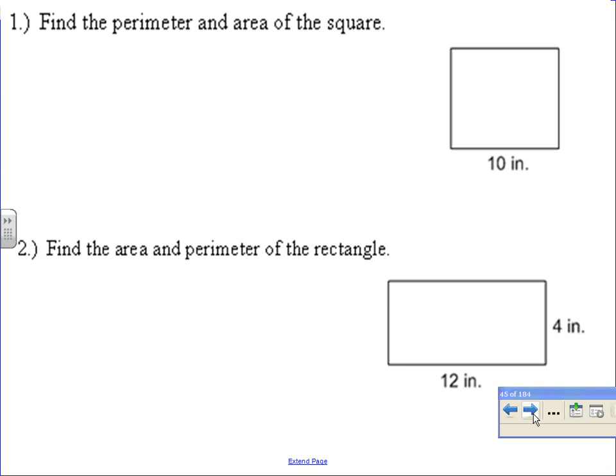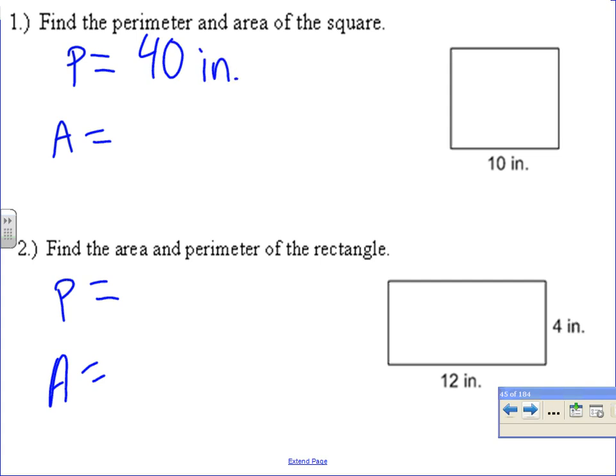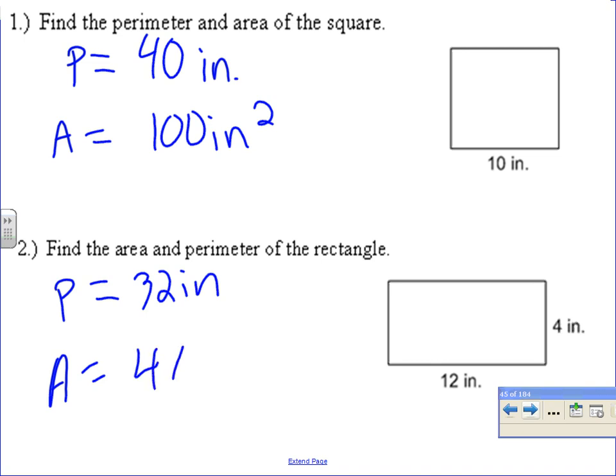So Donatus, for number 1, can you tell us what you got for the perimeter? Good job. Emma H, what'd you get for the area? Good job. Alex, for number 2, what did you get for the perimeter? Good. For the area, Matt, what did you get? Good job.